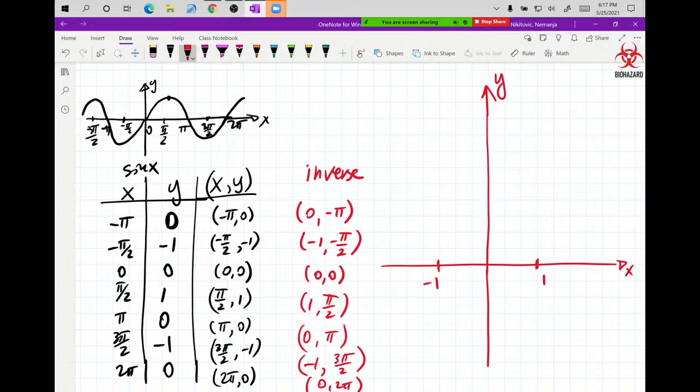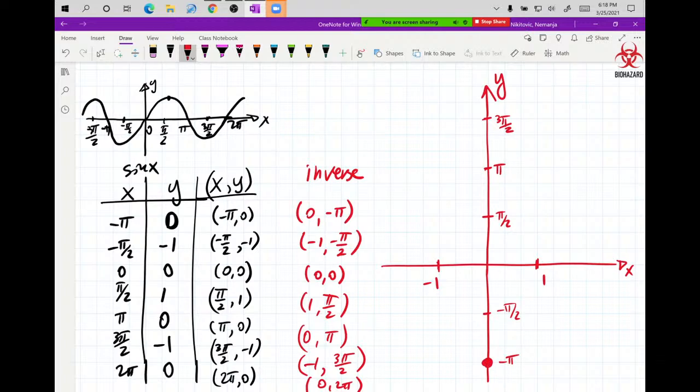And then we'll need some tick marks for the y-axis. And let's go with pi over 2, pi, 3 pi over 2. On the bottom, negative pi over 2, negative pi, going forever. So now, where are the dots? Well, 0 and negative pi.